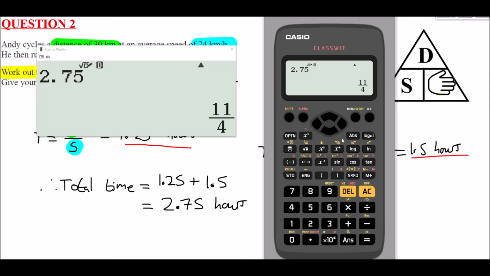Now on this particular Casio, there'll be a button which looks like a little degree circle, then apostrophes or punctuation marks. This weird looking button is what you press next. It'll change this number into hours and minutes. So press this, and you can see it gives you 2 hours, 45 minutes, 0 seconds. So it's exactly 2 hours, 45 minutes.